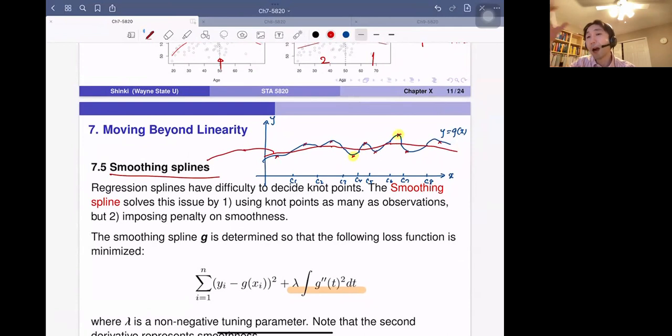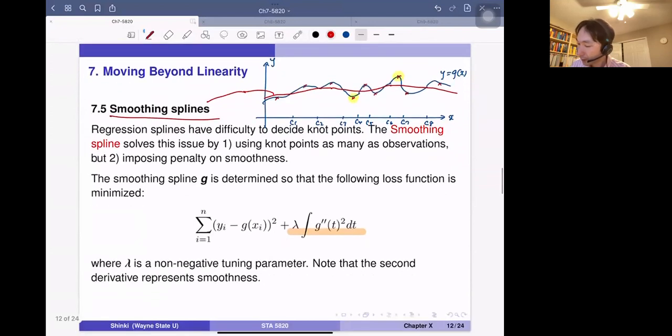If the curve is not very smooth, then we penalize it. And lambda is similar to the one in ridge regression or lasso. So we have to optimize it in some way, but for now, lambda is just a constant.